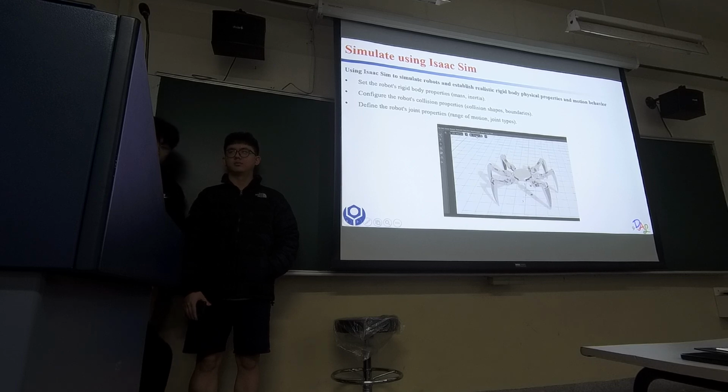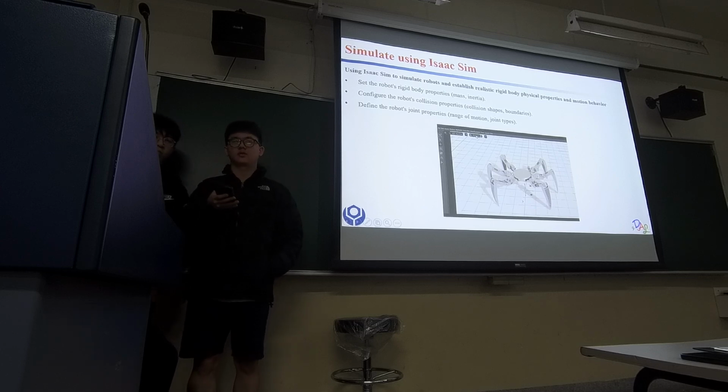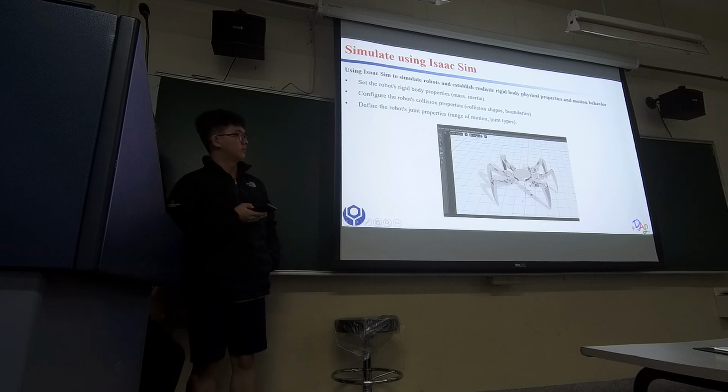After that, we set up the collision properties so the robot can collide with the ground. If we don't set up the collision properties, the robot will pass through other objects and fail to stay on the ground, preventing actual physics simulation.